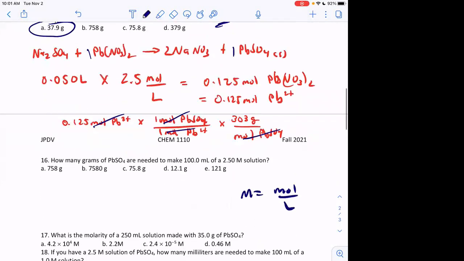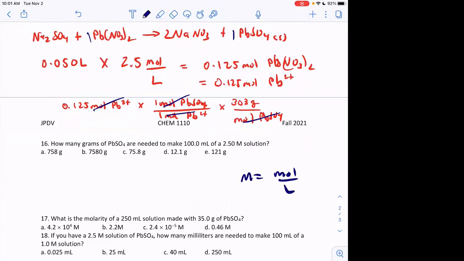So when you're studying molarity, treat this as an equation. If you want to know what the volume is, you take moles divided by molarity. You want to know what molarity is, it's moles divided by liters. You want to know what moles are, it's molarity times volume in liters.